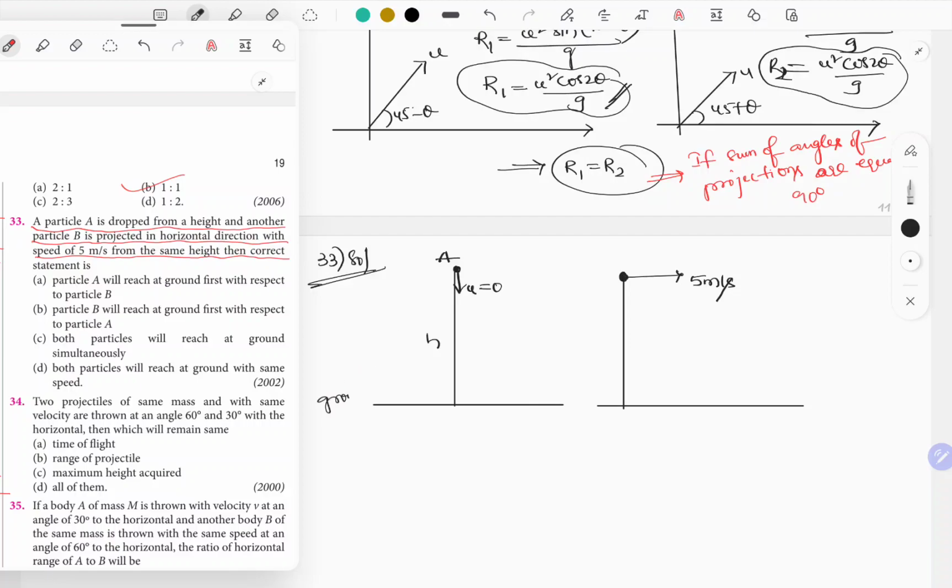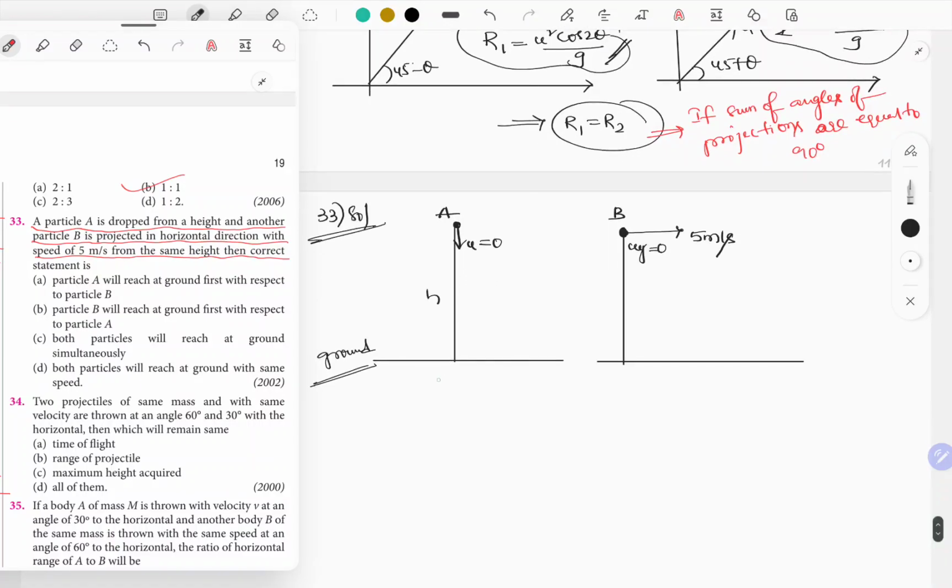Okay, so this is the ground. Check out what are the initial vertical velocities of both the objects in both the cases. As the object is projected along the horizontal, the vertical velocity is going to be 0. In the first case, the object is being dropped, so the initial vertical velocity is equal to 0. As the height is the same, I think they are going to reach the ground in the same time. Let us see how. The formula is S is equal to ut plus half a t square.